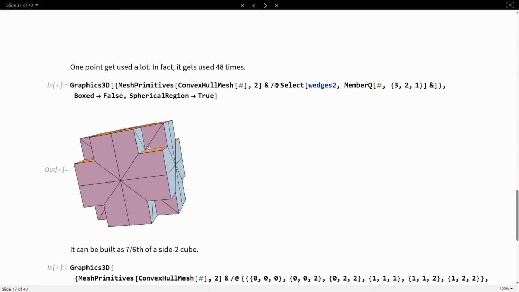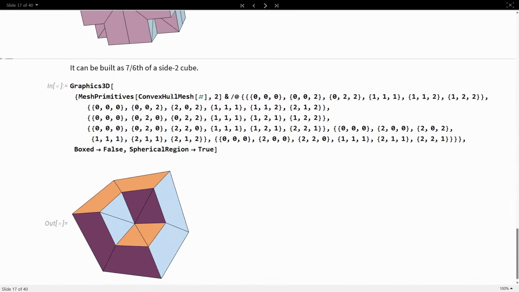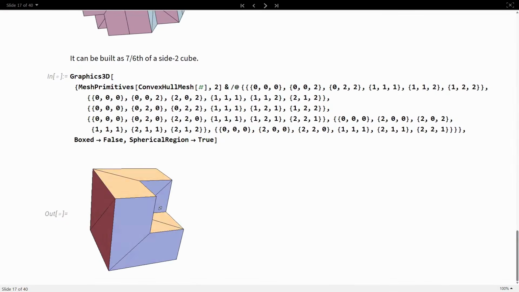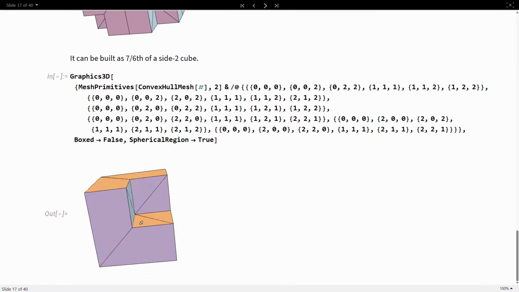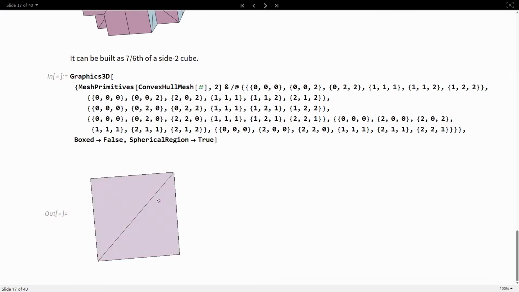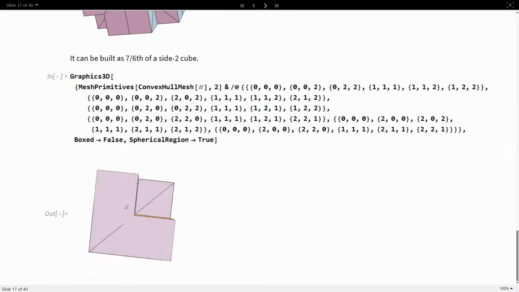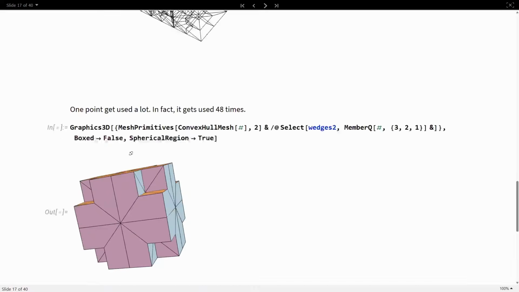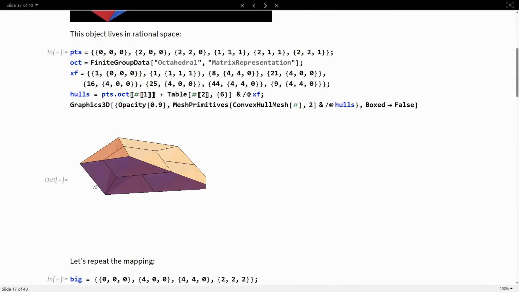So it gets used 48 times, and it turns out that that's based on a cube. So in fact, with 6 of them, you make a side 2 cube with 1 cube missing. So basically, by taking a 2 by 2 by 2 cube, removing a cube, and dividing by 6, you get this wedge, which makes a larger copy of itself if you use 8 copies.